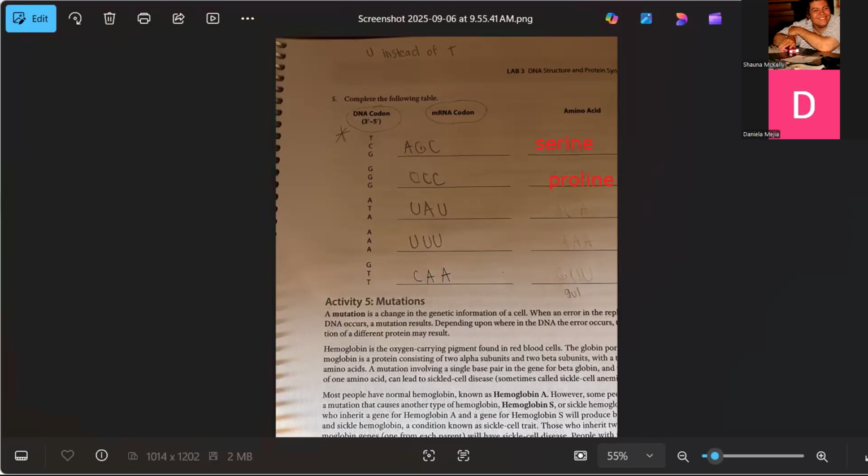The first one here is U, so I have to be up here. U, A, U. So the third base here is U. So this is going to be triazine.